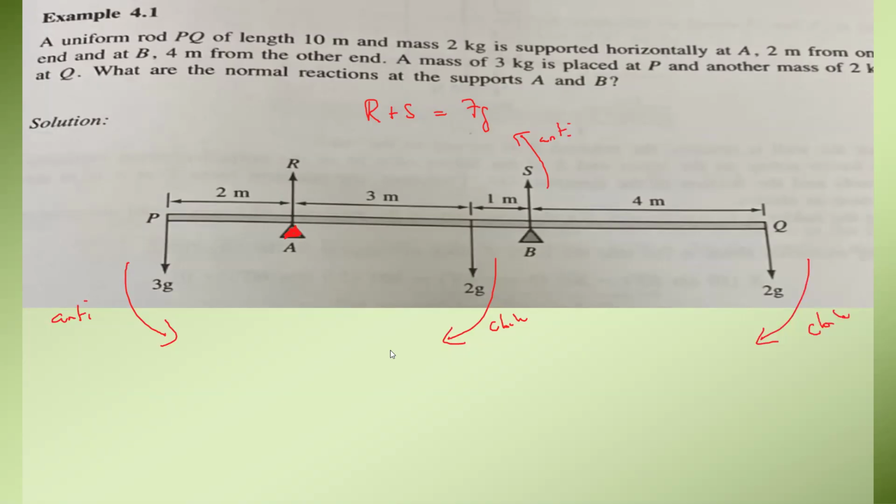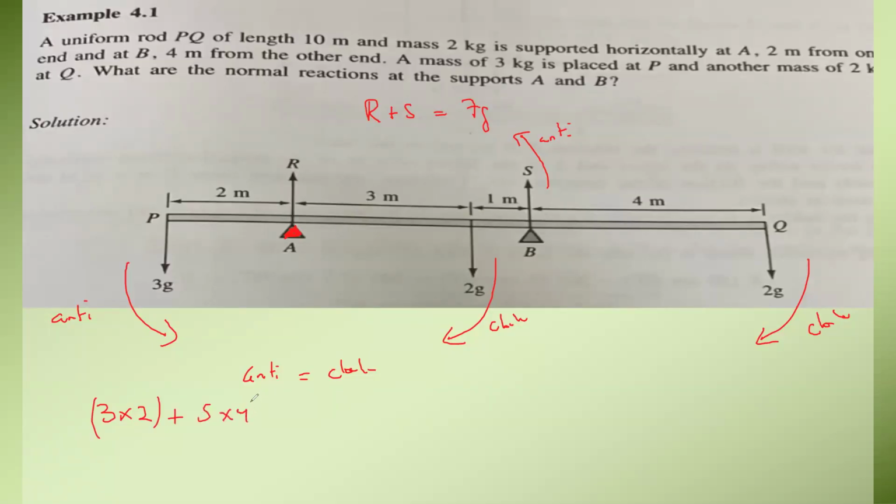So whenever we solve such a question, we always assume that the total anti-clockwise turning effect is equal to the total clockwise turning effect. What are the anti-clockwise turning effects? 3G multiplied by the perpendicular distance from the pivot, which is 2, plus another anti-clockwise moment, that is S. The distance from the pivot is 3 plus 1, which makes 4.